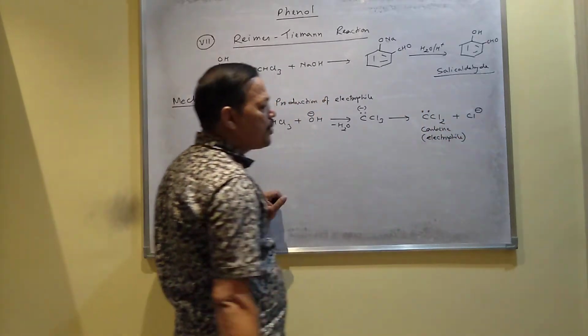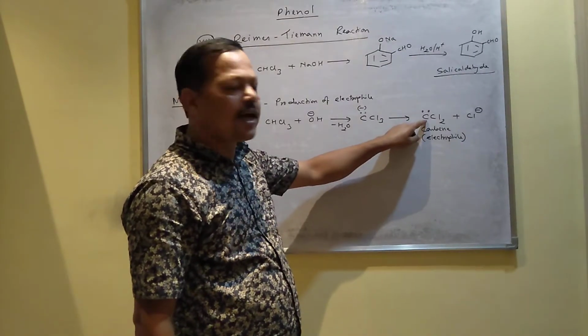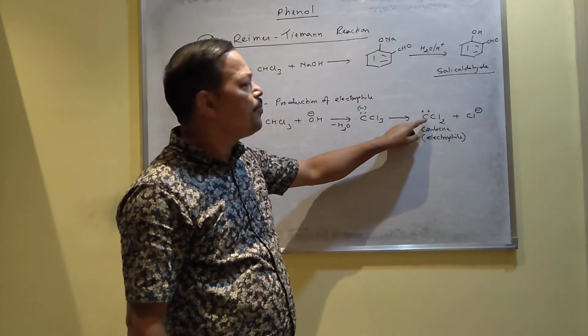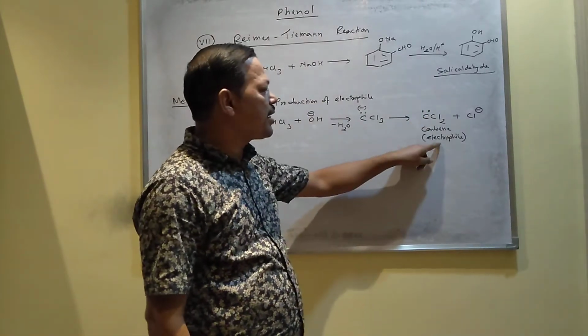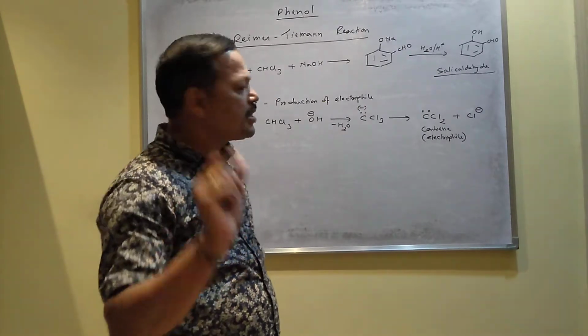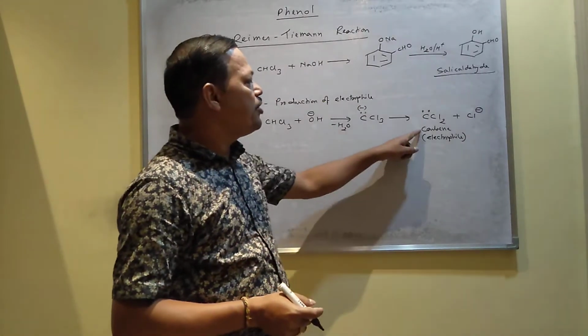The lone pair is present, but it acts as an electrophile because electron deficiency is present in the carbon. Carbon contains 6 electrons here, with 2 bonds and 1 lone pair, so 6 electrons are present, and that's why it acts as an electrophile. And in the exam the question asks, in the Reimer-Tiemann reaction, what is the name of the electrophile? Then you have to write carbene.